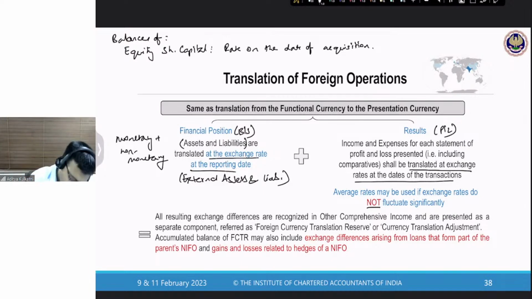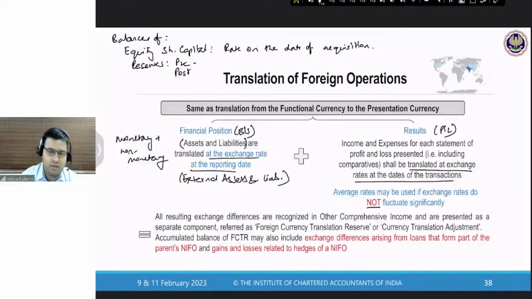Now, when I talk about reserves, this is where your knowledge of consolidation comes into existence. There are some issues. So your pre-acquisition reserves represent the reserves which were already in existence when you acquired the subsidiary.